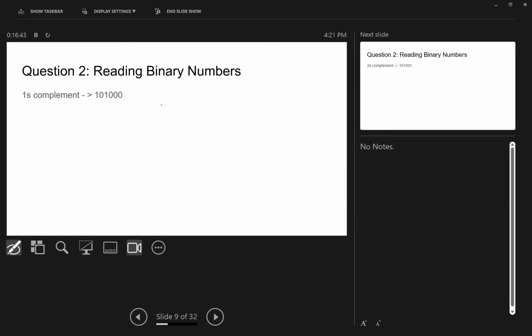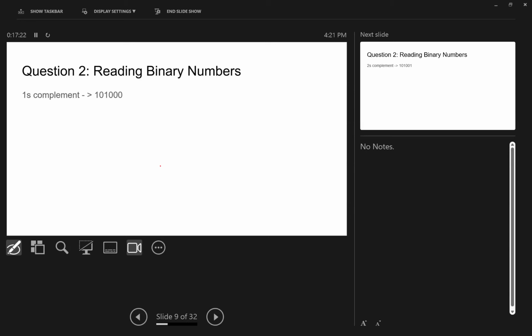So we're going to transform this ones complement representation back to decimal. And we are going to follow the principle we talked about for the ones complement. So we will still look at the MSB, and since the MSB is 1 here, it means that this number is a negative number, right? So if we want to get the absolute value of this negative number, what do we do? We're going to flip all bits, right?